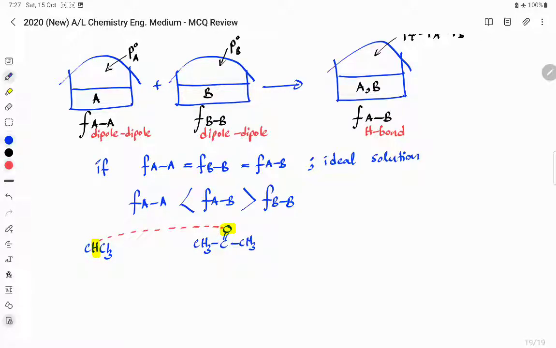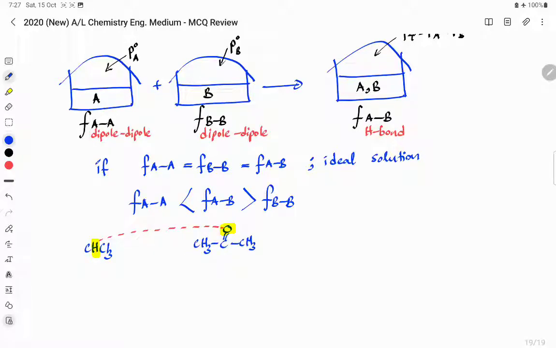But when the pure liquids are considered, CHCl3, chloroform, doesn't form hydrogen bonds with itself, and acetone doesn't form hydrogen bonds either. They are just forming dipole-dipole interactions separately. But when they are mixed, the hydrogen from the chloroform has a high polarity and the oxygen has a high polarity with lone pairs. The newly formed interaction between these two molecules will be a hydrogen bond.